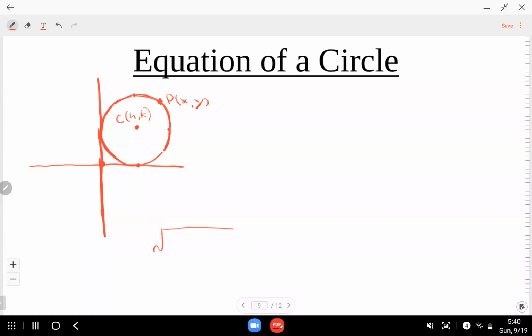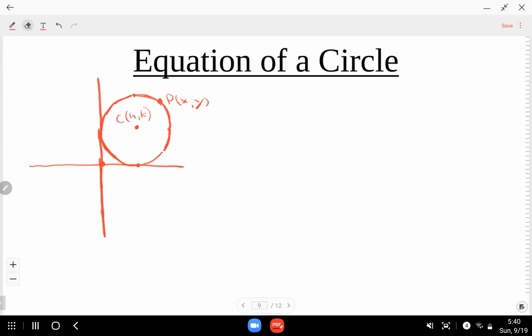Because the square root of (x minus h) squared plus (y minus k) squared would equal the radius. That's the distance between C and P, and therefore that would be the equation of a circle. However, we don't like square roots, all right?